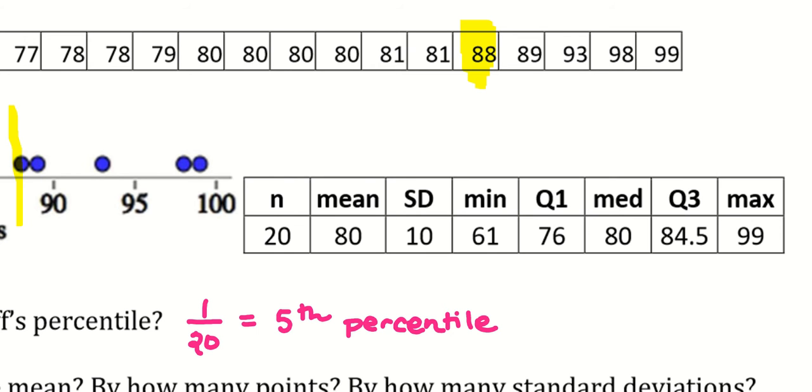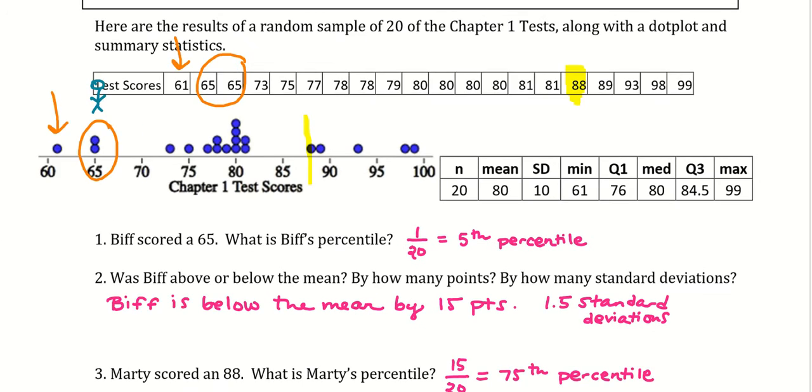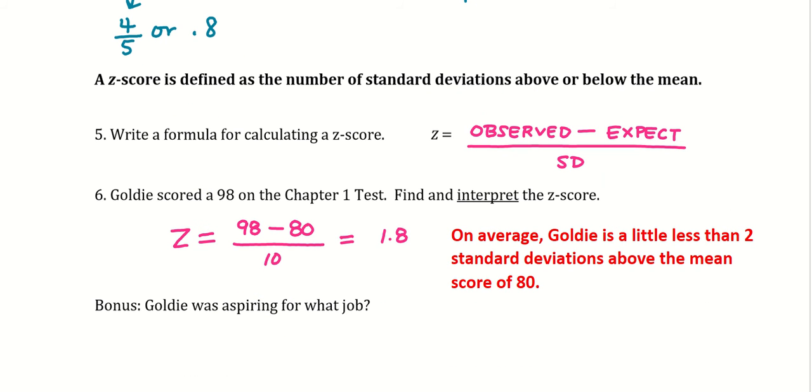So if I want to standardize that 10 standard deviations, I want to turn the 10 into a 1. And I know that's confusing, but that's just one length. That's how long a single standard deviation is. So the mathematical formula for calculating a z-score is to take your observed value, which on number 6, my observed value was 98 because that's what Goldie made.